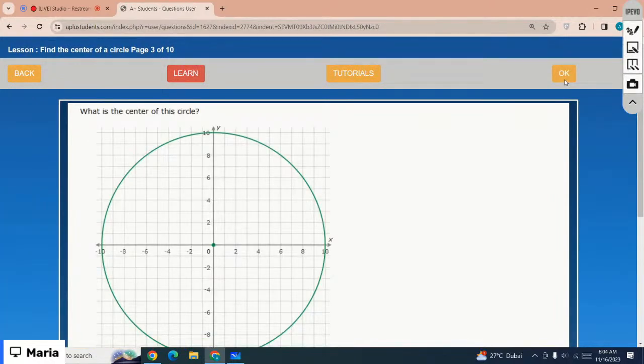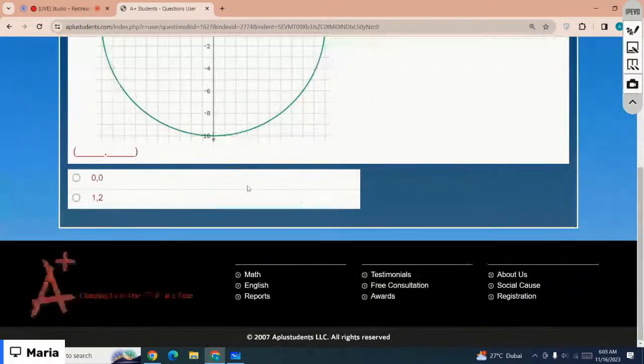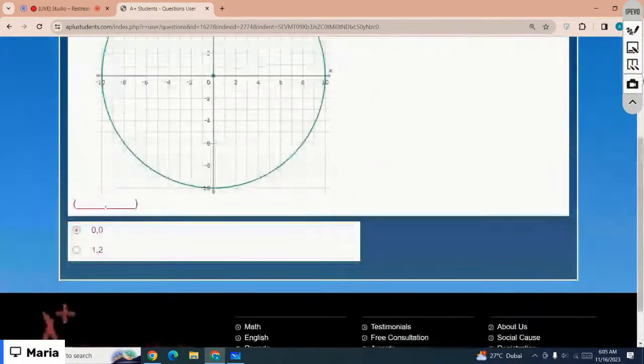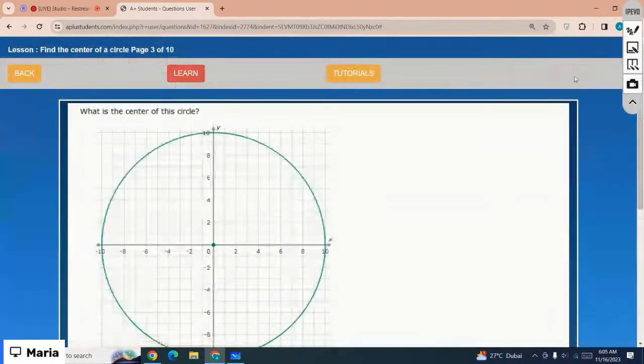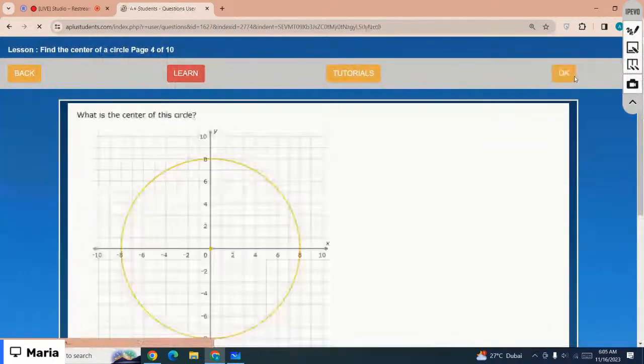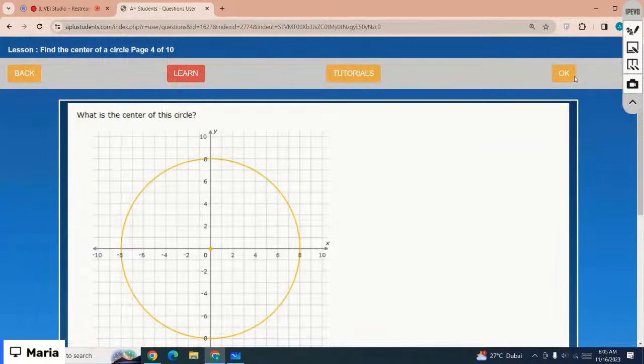What is the center of the circle? Both x and y are 0, right? So 0, 0 is the center of the circle. What is the center of the circle? Yes, that is the origin, right?